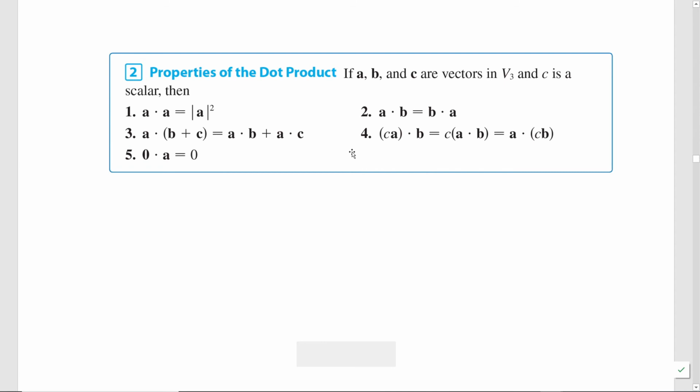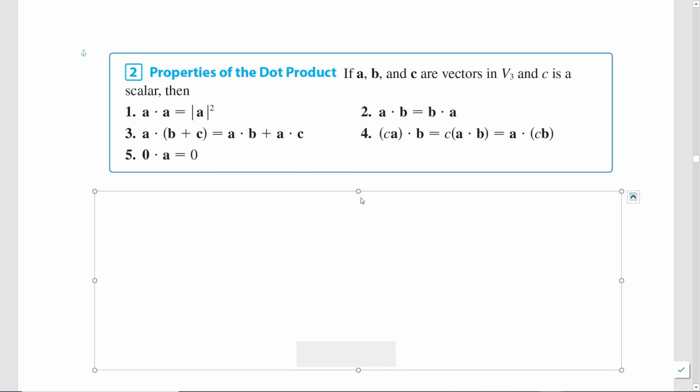And the fourth property says the scalar multiple c of A dot B equals c times the A dot B, or is equal to A dot the scalar multiple of B. It simply means that we can easily move the scalar c from anywhere to any other place. We can keep it with A, we can keep it outside of A and B, or we can place it with B. The fifth property says the dot product of A with the 0 vector is simply 0.